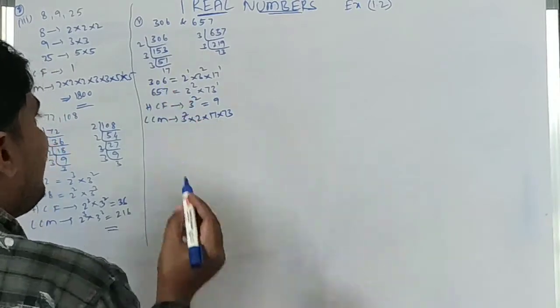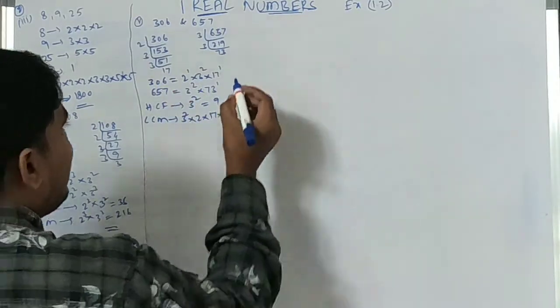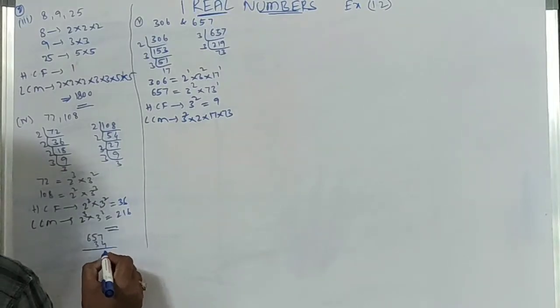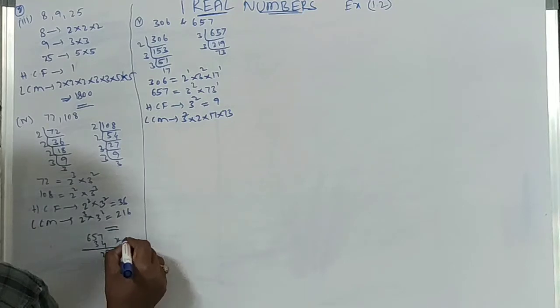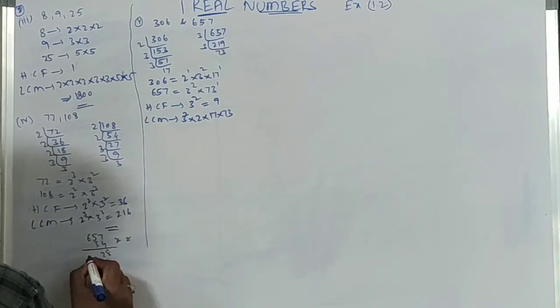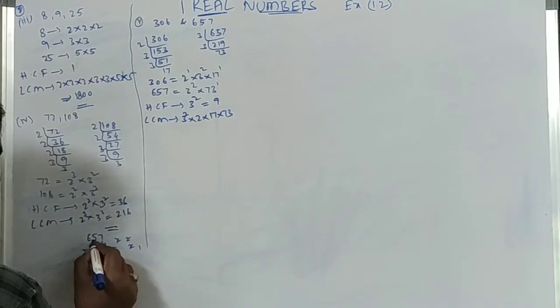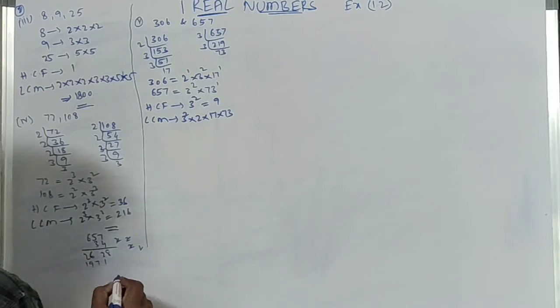Okay, 73 into 9 is 657, into 34. 657 into 2 into 17, that is 34. 4 into 7, 28. 4 into 5, 20 plus 2, 22. 4 into 6, 24 plus 2, 26. Next, 3 into 7, 21. 3 into 5, 15 plus 2, 17. 3 into 6, 18 plus 1, 19.